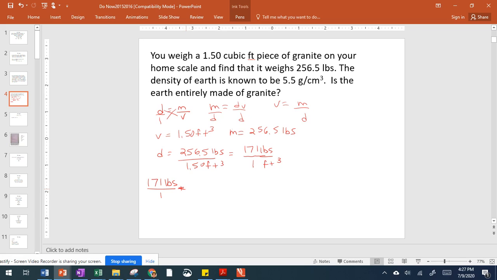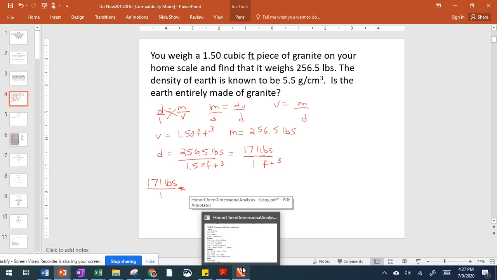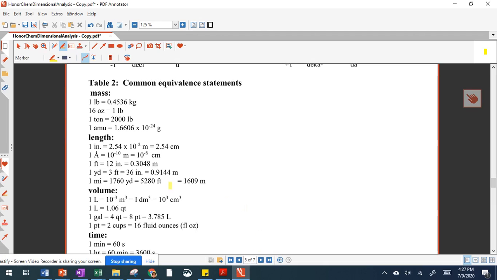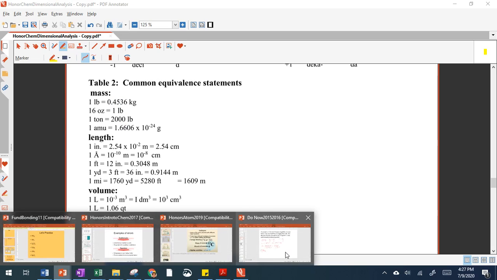To do this, we're going to have to go back to our table of conversions, of equalities from our worksheet that we worked on last time. I would not expect you guys to know all those conversions between the English and the metric system, but I do expect you to know the conversions within the metric system. So let's go back to that sheet, and we see that 1 pound is 0.4536 kilograms.